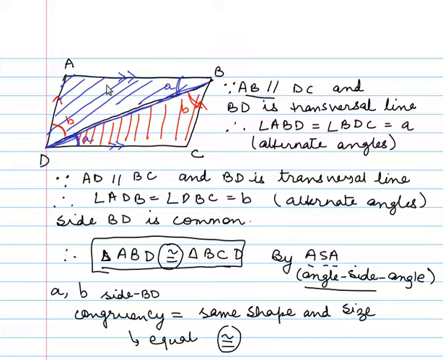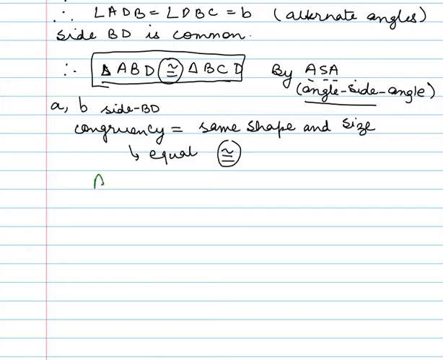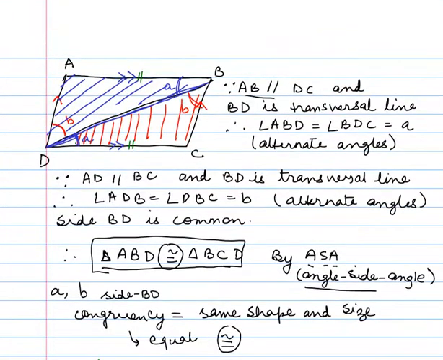Therefore, we can say that line AB is equal to line DC in these two triangles because they are congruent, and A is equal to A. Therefore, we can say that line AB is equal to line DC and AD is equal to BC.